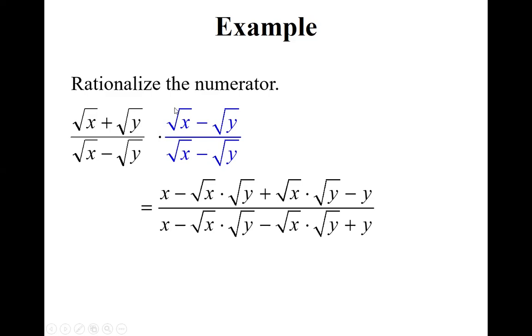Inner, positive radical y times positive radical x, positive radical x times positive radical y. Last, positive radical y times negative radical y is negative y. The outer and the inner, it's a minus term and a plus term. They will cancel each other out, just leaving us with x minus y on top.